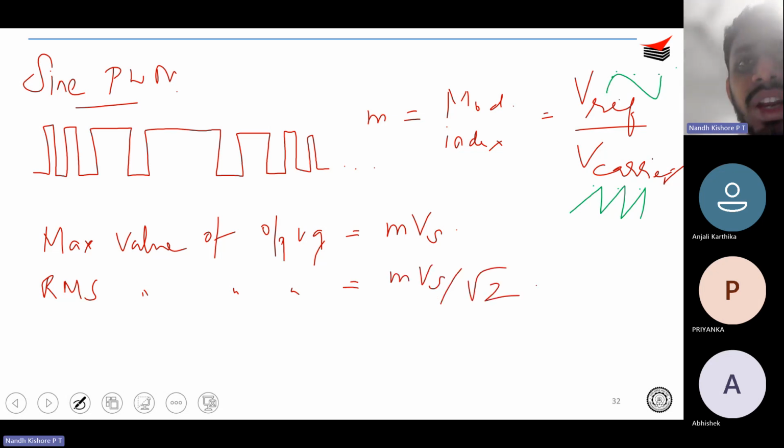Simple, because it's sinusoidal PWM, you just divide by root 2. More the number of pulses, more the N, the smoother will be the waveform. It is more approximated towards sine wave. More the N, the better it is.